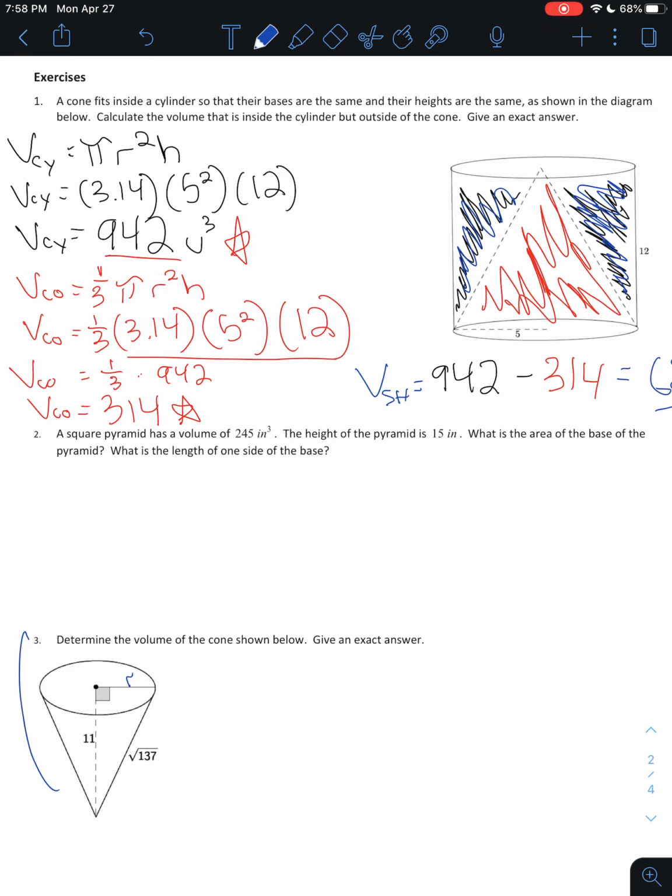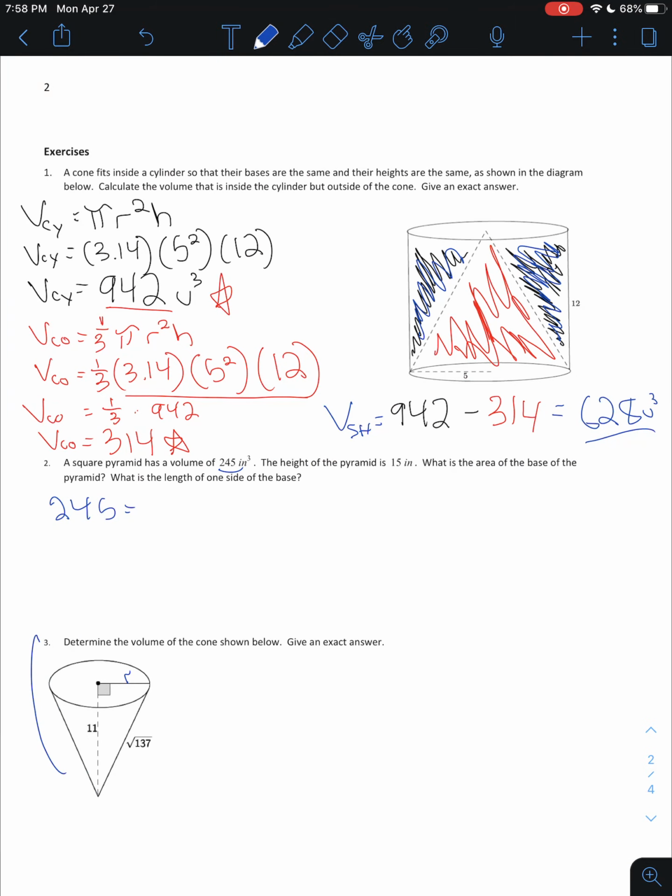It gives you the volume to begin with, and then you're going to have to find the length of one side of the base and the area of the base. So you plug in the things you have into the volume formula for a pyramid, and then solve for what you don't have. That's how you would do those. But as I said, you don't have to do these 2 problems here.